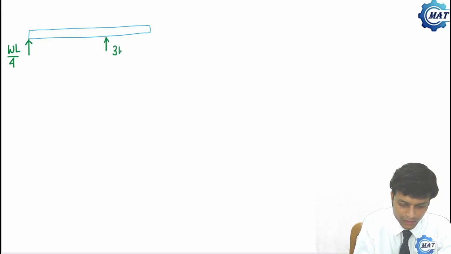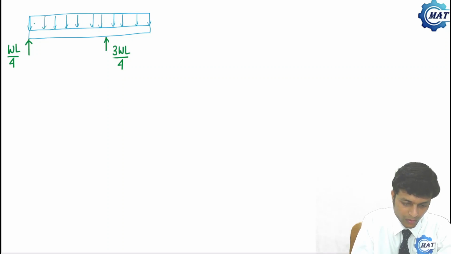This is 3WL by 4, and there is one uniformly distributed load of intensity W. This is A, this is B, and this is point C. Now let us draw the shear force diagram first by using the relationship between shear force and external loads.